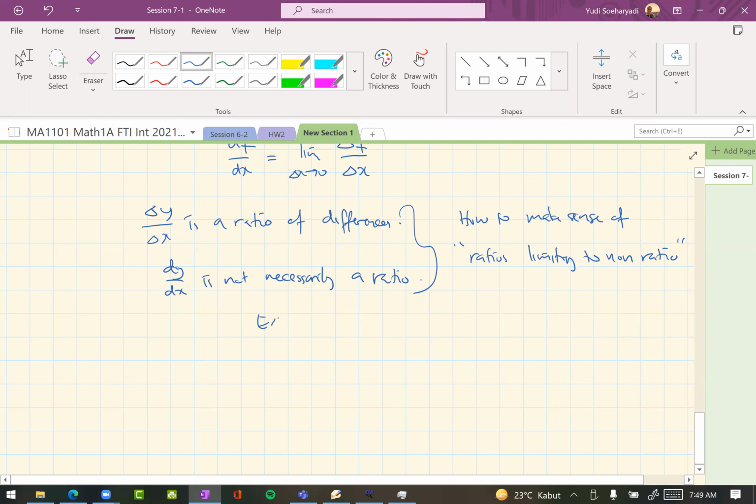Okay, so for example, if I write down something like this: 3, 31 over 10, 314 over 100, 3141 over 1,000.